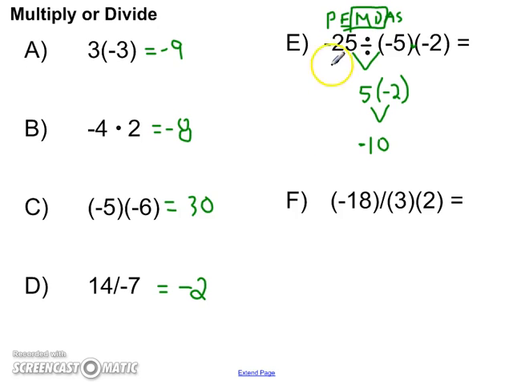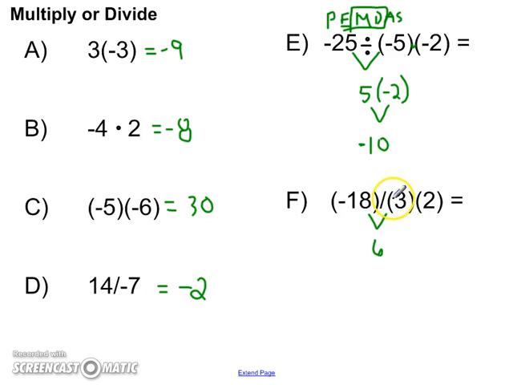Okay? So every pair of negative signs in multiplication and division essentially cancel out. Divide, multiply. Well, because the division happens to show up on the left, we are doing it first. We are moving from left to right in this particular case when we get to multiplication and division. Negative 18 divided by 3. Well, 18 divided by 3 is 6.